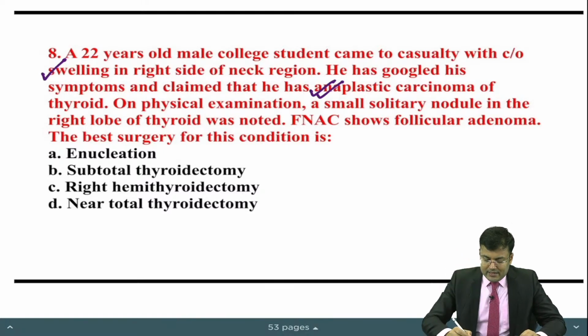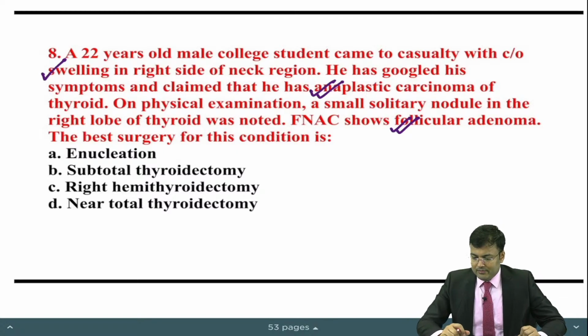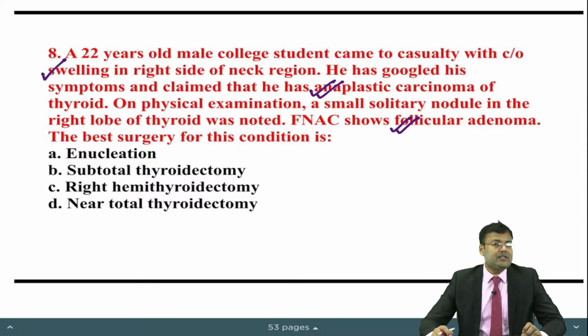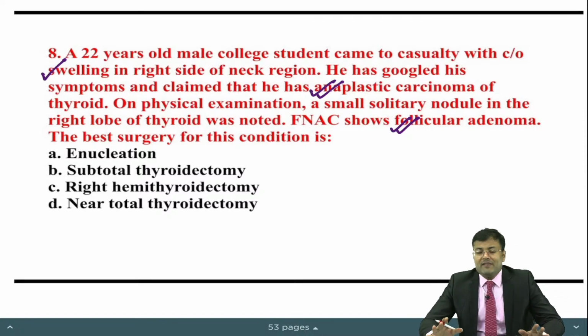On FNAC, it is follicular adenoma, follicular neoplasm. What is the best surgery? Tell me, what is the best surgery? The patient is having follicular adenoma on FNAC. You know that FNAC cannot differentiate follicular adenoma from follicular carcinoma.